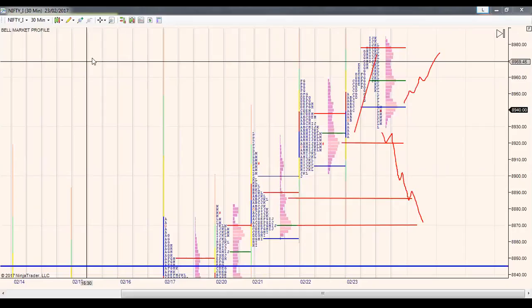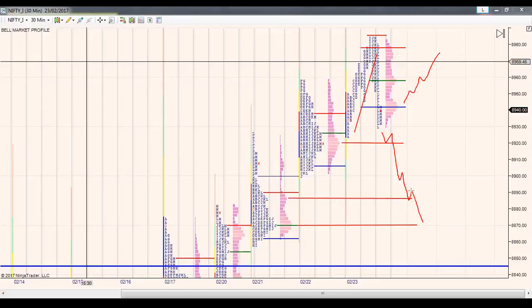But before we start expecting that particular scenario, I am not suggesting that you should expect the price action to happen. What I'm saying is that you have to be ready with a couple of scenarios, and one of the scenarios is this down move.